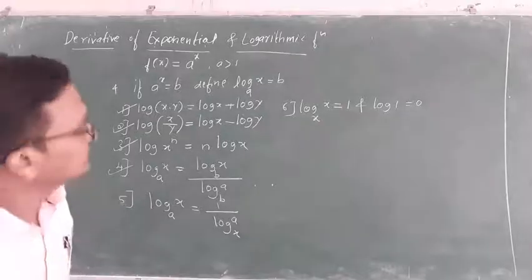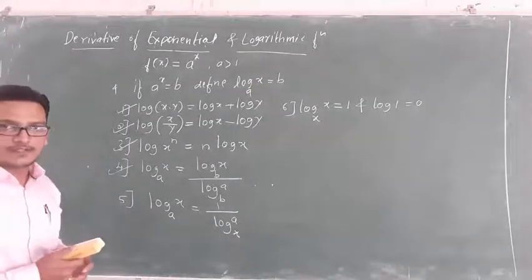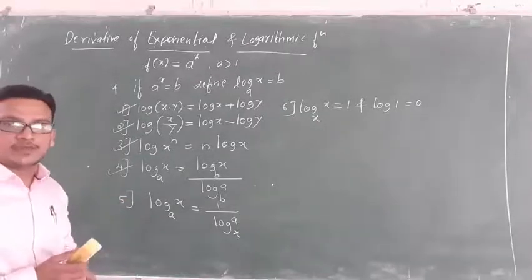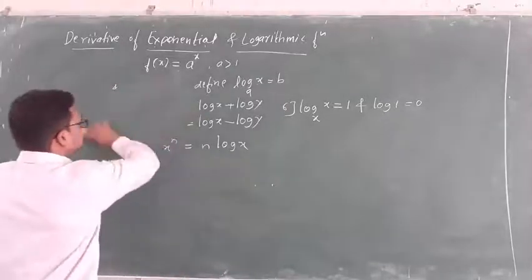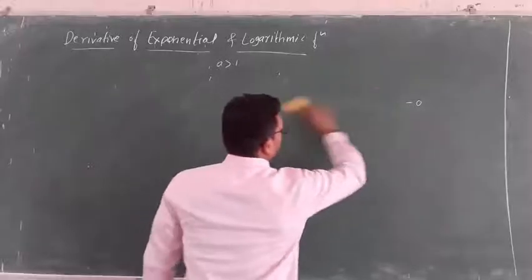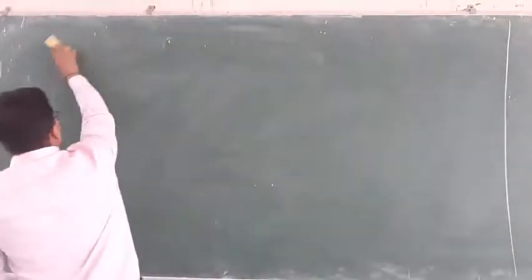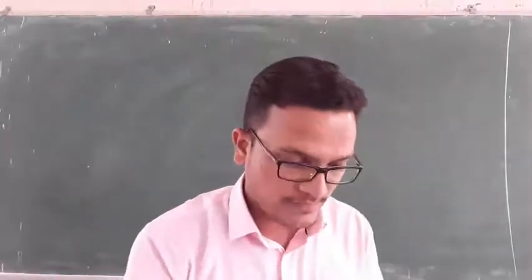Now we will solve the examples of exponential function first, then we will solve some examples using logarithmic method. So let us see the examples on that exponential and logarithmic function.